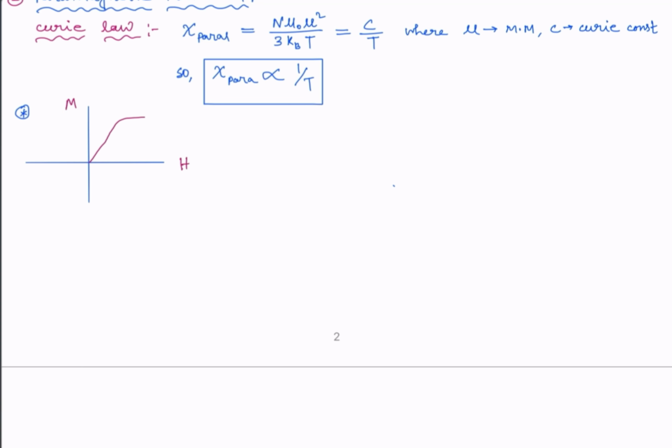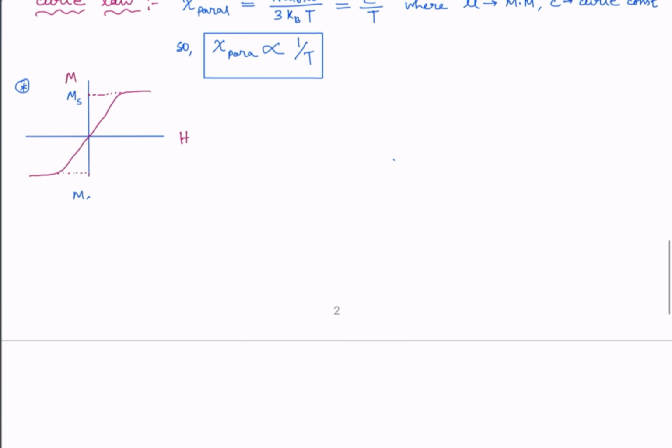Here in this curve, we find a saturation magnetization, M S, where M is equal to N mu. This will be the value of saturated magnetization.